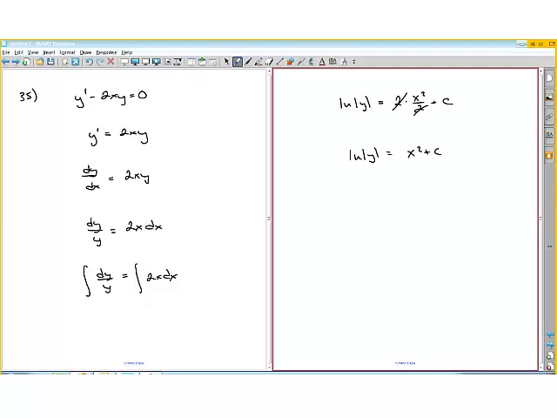But we can go ahead and raise both sides, pardon me, we can have the exponent be both sides of the equation, so we can solve for y. When we do e to the natural log of y, it just becomes y. Here we have e to the x squared times e to the c, but e to the c is just a constant itself, so we can just call that c. So we end up with y is equal to c e to the x squared.